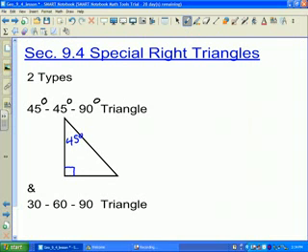And this guy will be a 45 here, another 45 degree there. And we already know where the hypotenuse is located, and that's going to be opposite of the right angle. And the other two sides are the legs.